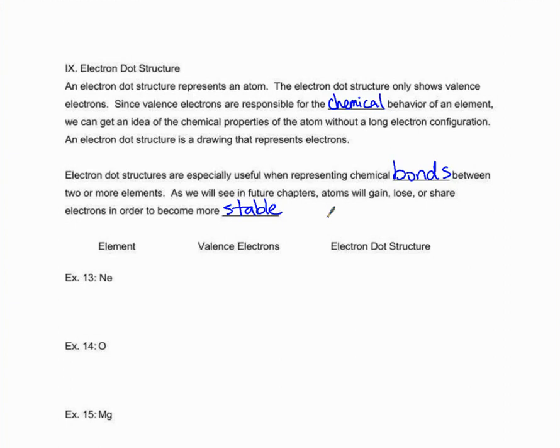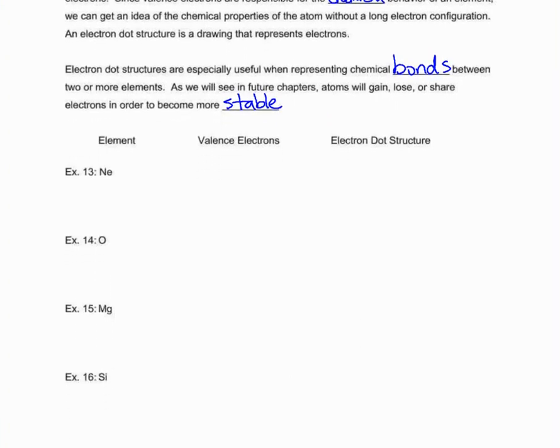So here's how to do the electron dot structure. For the element neon, first off, we have to know how many valence electrons that it has so that we can represent it in the electron dot structure. So our quick calculation, it's in group 18.